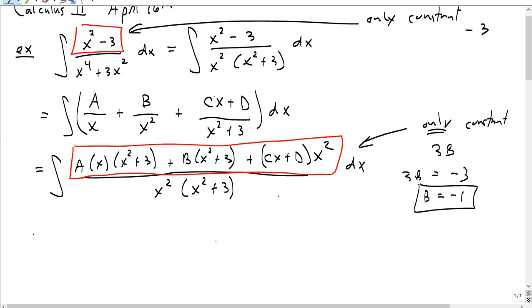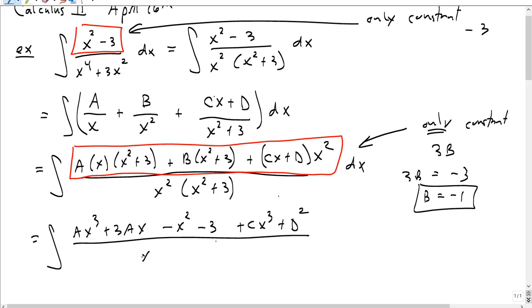Okay, so we've got the integral of, I'll multiply it all out, ax cubed plus 3ax, and we know b is negative 1, so minus x squared minus 3, plus cx cubed plus dx squared, all over x squared times x squared plus 3. That has got to equal x squared minus 3 over x squared times x squared plus 3, dx.